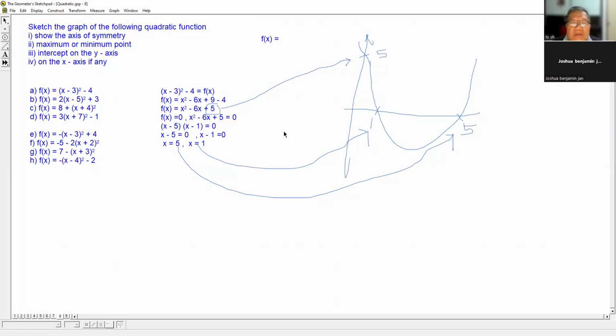What's the value of a here in this quadratic equation, ax squared plus bx plus c? What is the value of b? Negative 6. It's not 6, it's negative 6.